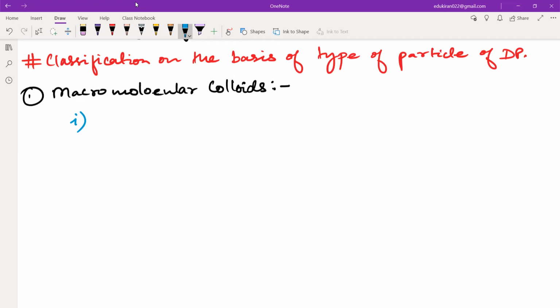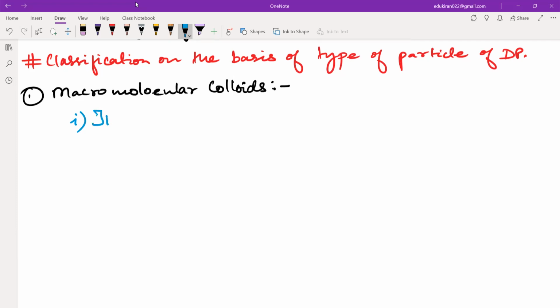If you add those big molecules in an appropriate solvent, they will form a solution. But the size of these macromolecules will fall in the colloidal range.